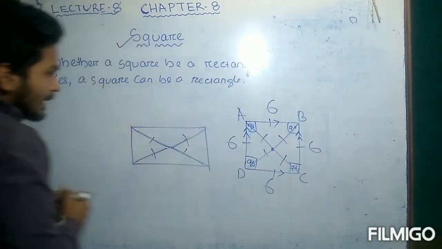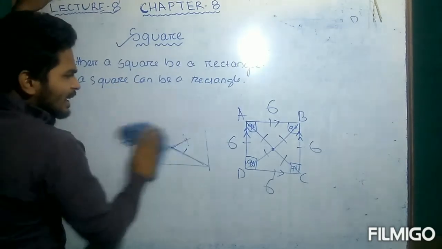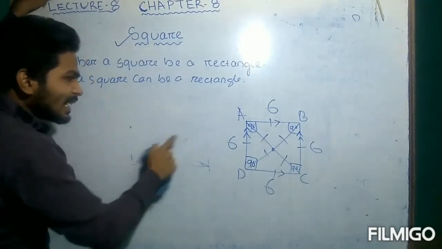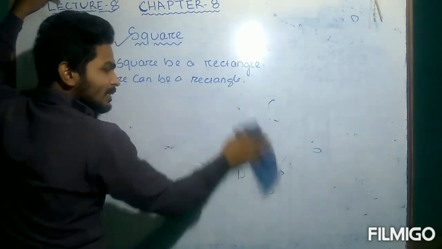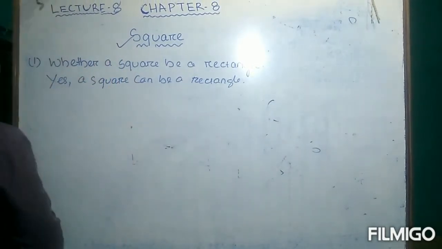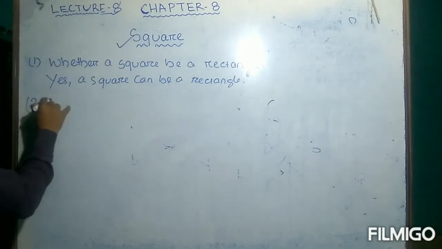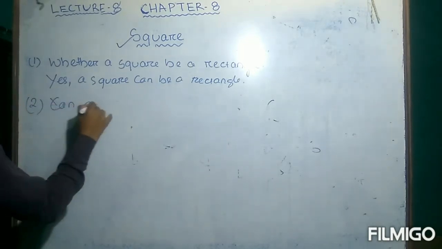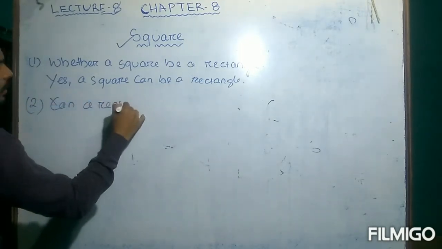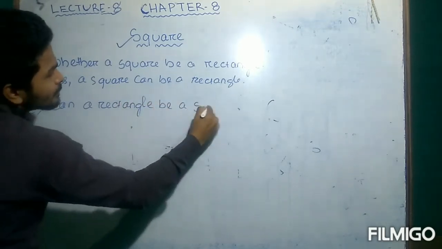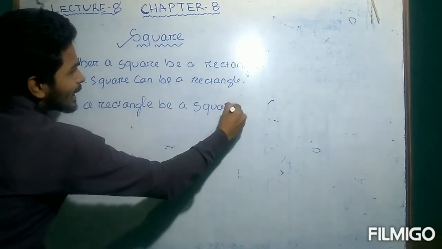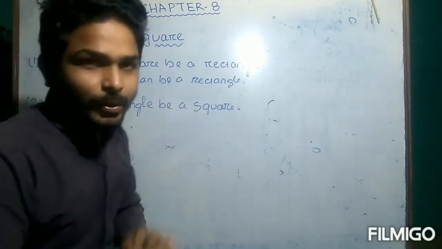Understood? Next thing, can we say a rectangle can be a square? Tell me, can we say a rectangle can be a square? That is the second question. Can a rectangle be a square? In order to be a square, a rectangle has to follow all the properties of a square.